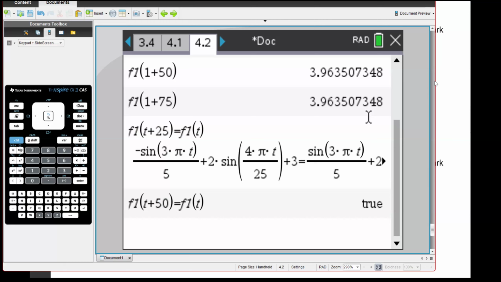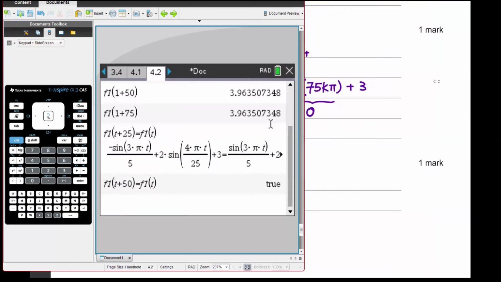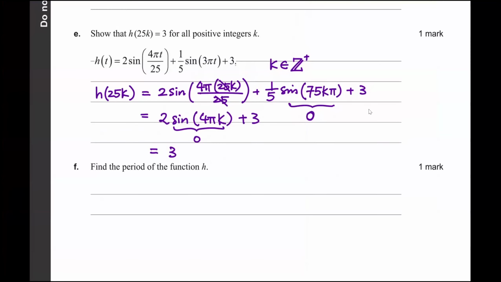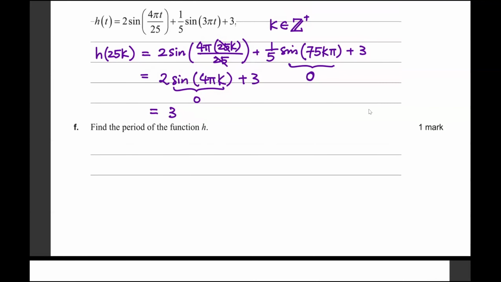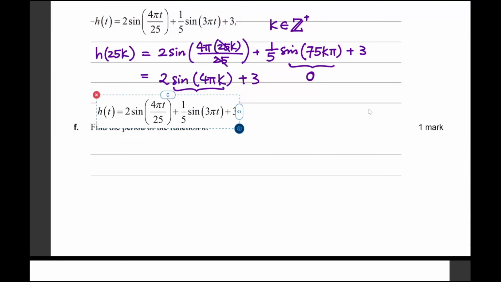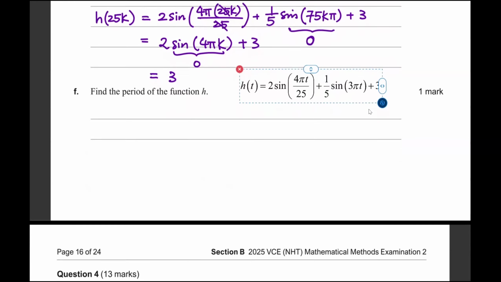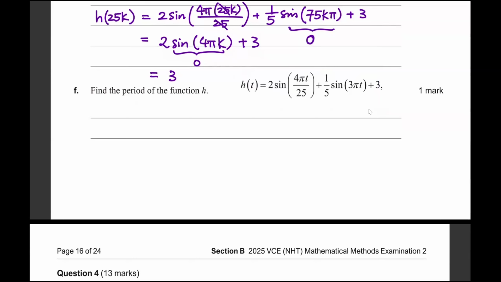The way I approached this one was looking at the combined function here. For example, this is a combined circular function. So P1 from the first component is 2 pi over 4 pi over 25, so actually you'll get 25 over 2, if I'm not mistaken.